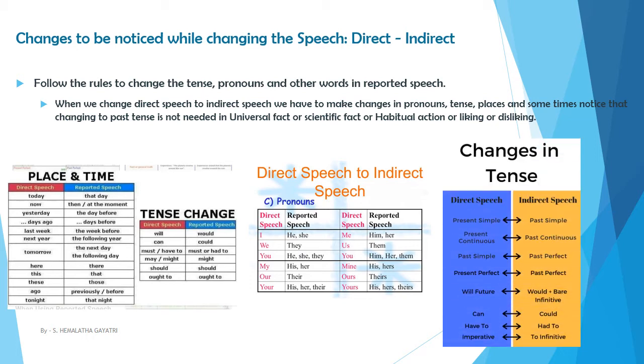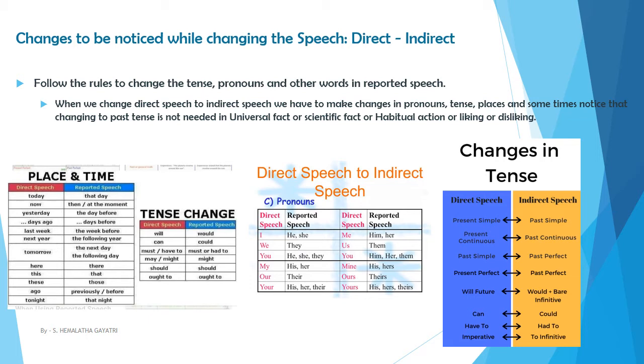There are certain changes that you have to remember, and when you are changing the tense, the present simple tense will change to past simple, like I am will change to I was. Present continuous tense, I am eating, will change to I was eating. Past continuous tense, past simple will become past perfect, means here you will be adding had.